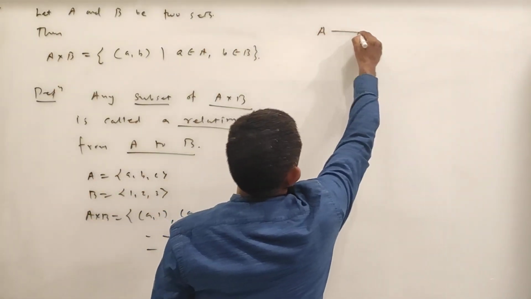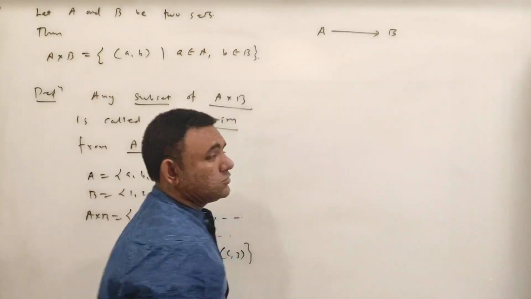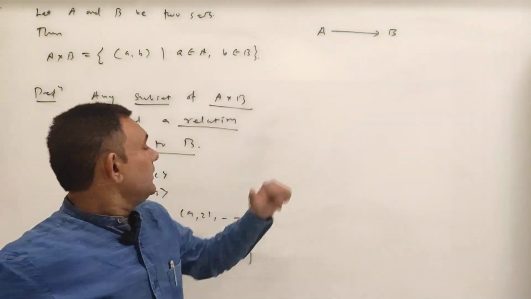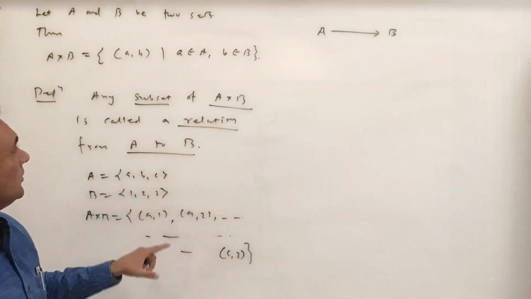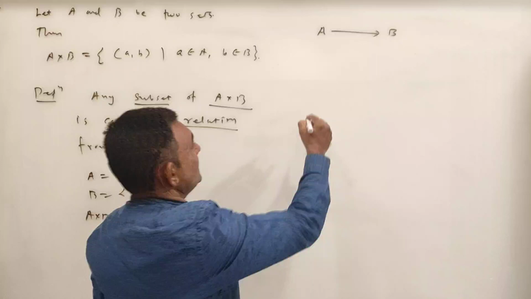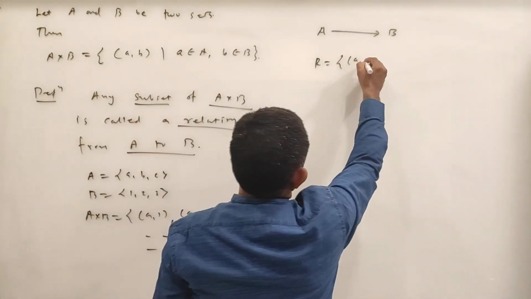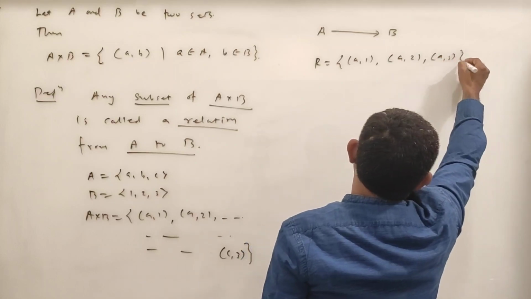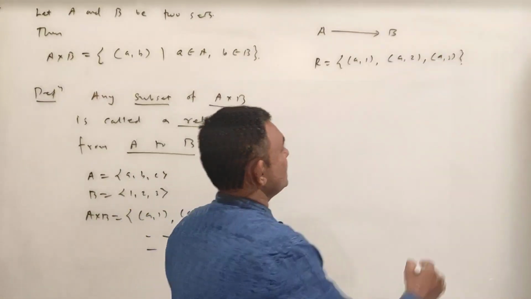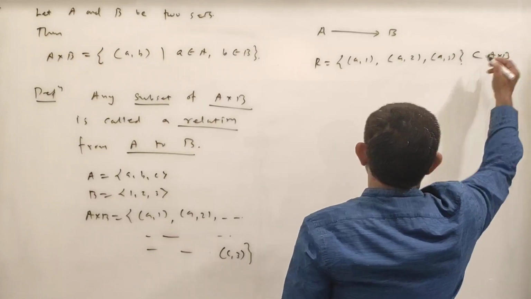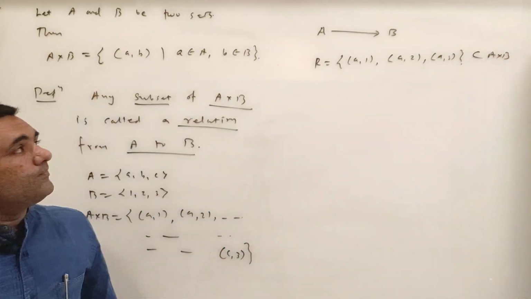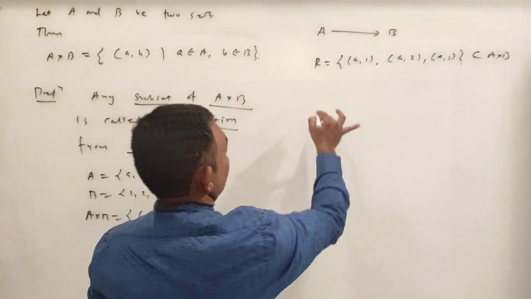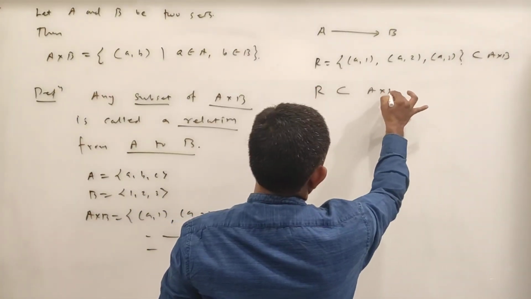Relation from A to B. It is not like B to A. It is not mentioned here like B to A. So a relation from A to B is any subset of A cross B. So let me consider R equal to {(a,1), (a,2), (a,3)}. This is a subset of A cross B, so this is one relation from A to B. See here, R is a subset of A cross B.